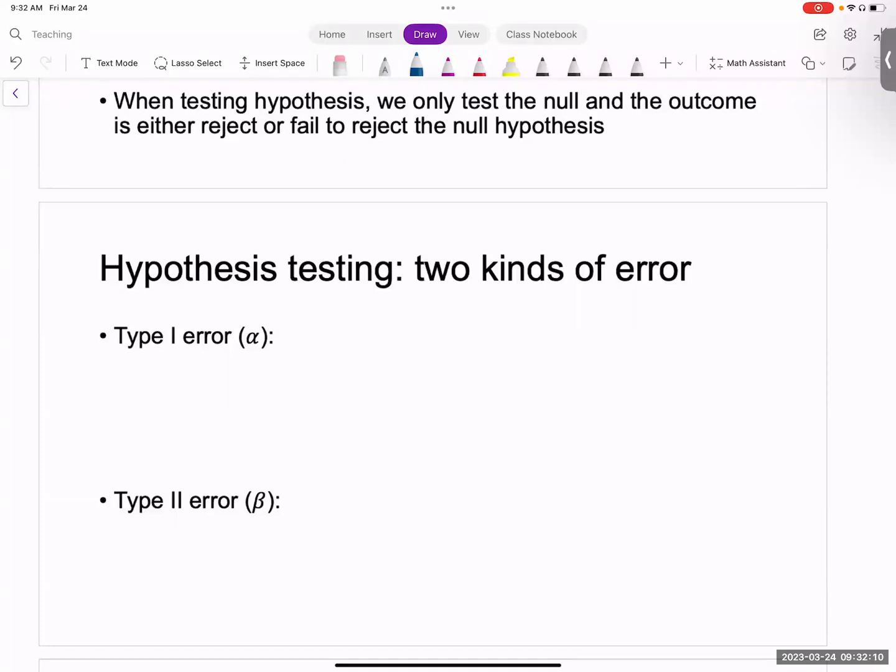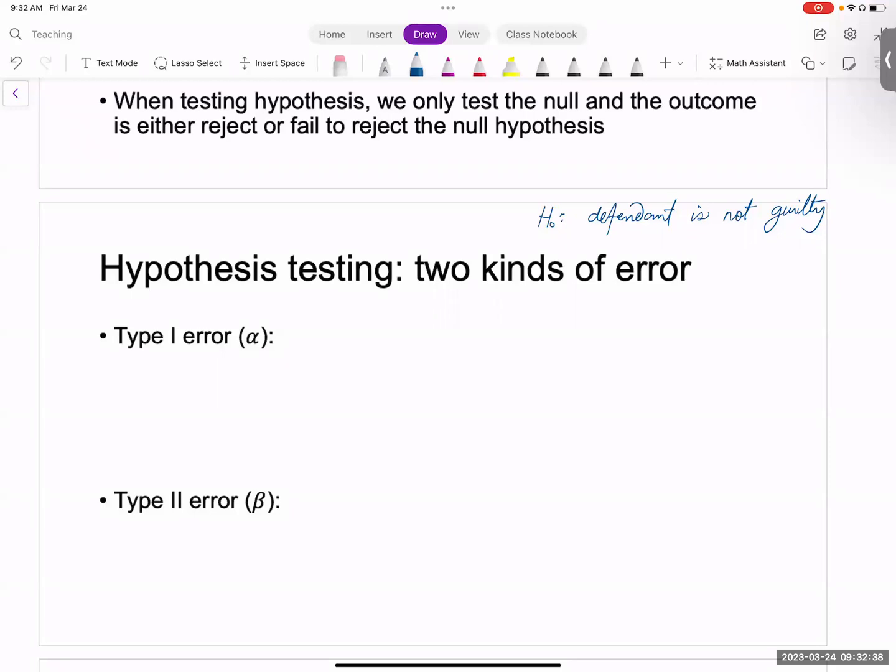I'm going to take a simple example where I'm going to assume H naught is: defendant in a courtroom is not guilty. Think about it this way. If there is a defendant in the courtroom, and if you do not have any evidence, then there's no reason for you to believe that that person is guilty, right?